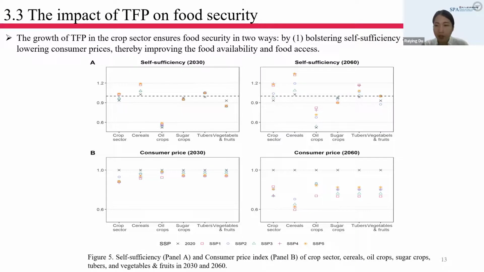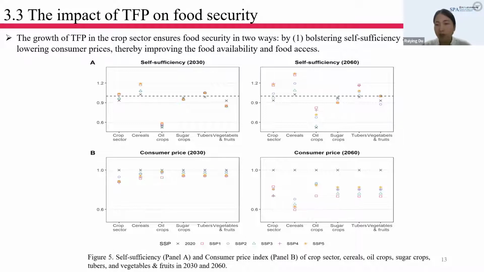Figure 5 shows the self-sufficiency and consumer price of the crop sector and of specific crop types in 2030 and 2060.